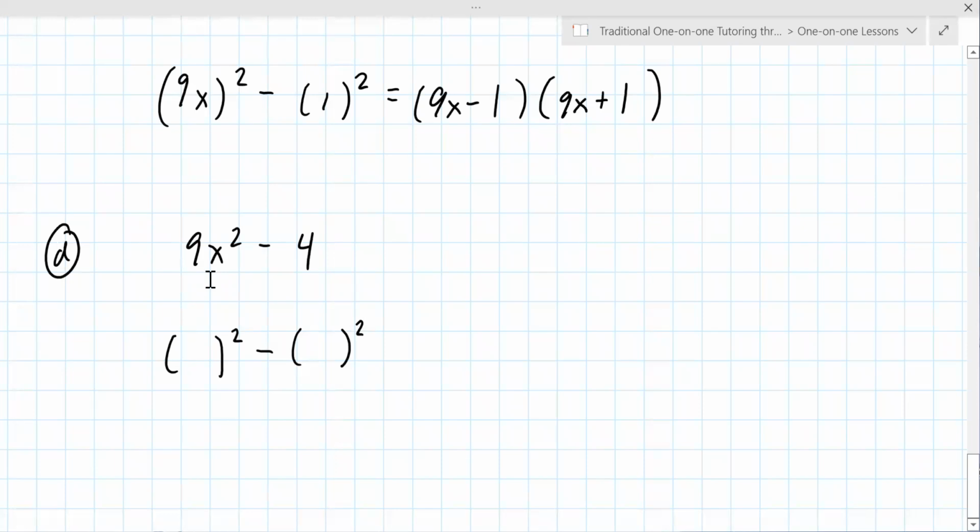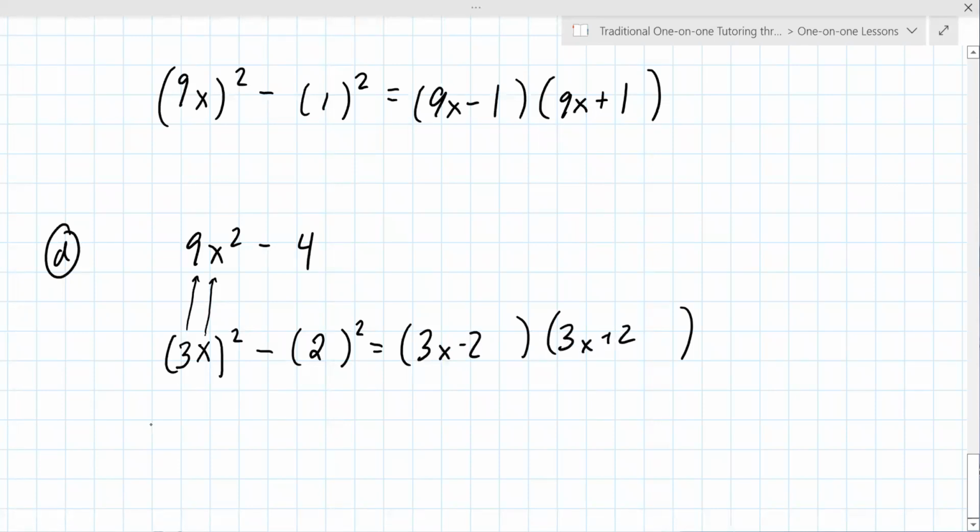To get to 9, it's 3. To get to x squared, it's x. Do you see that 3 squared is 9 and x squared is x squared? So what goes in the other parentheses such that when you square it, you get back to 4? 2. Okay, so now what do you write over here to the right? 3x minus 2, and then 3x plus 2. Good.